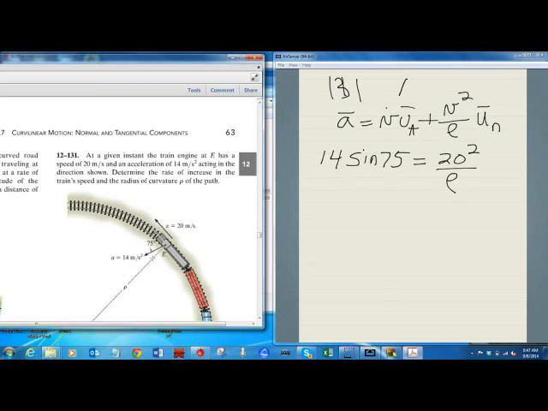Right, you want this acceleration. 14 cosine 75 equals v dot. See that? Is it speeding up or slowing down? 14 cosine 75, speeding up. This velocity is going this way. This is acceleration. Is it speeding up or the same way? It's going faster, faster, faster, faster.